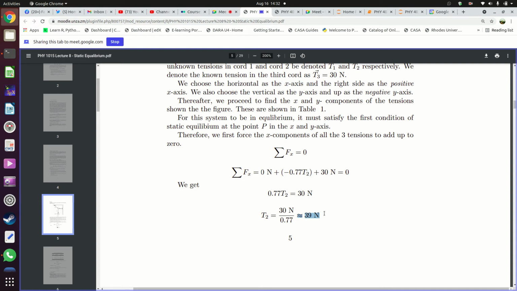So your T2, which is the tension in the second rope, is going to be 39 newtons, by applying the first condition of equilibrium, adding the forces along the x-axis and making sure those forces add up to 0. Are we clear?